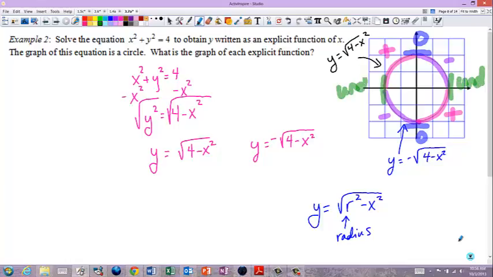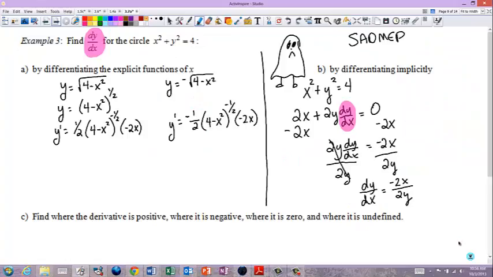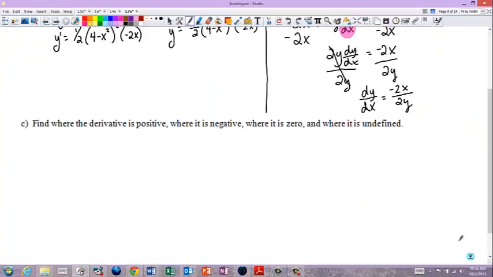Now let's see if we can figure that out from our equation. We have the derivative is negative 2x over 2y. If we make it simpler, we basically have negative x over y.